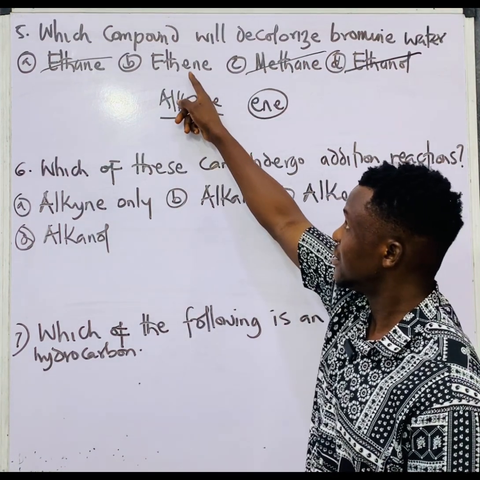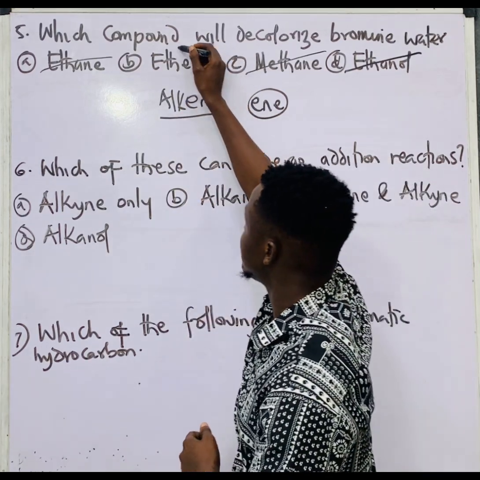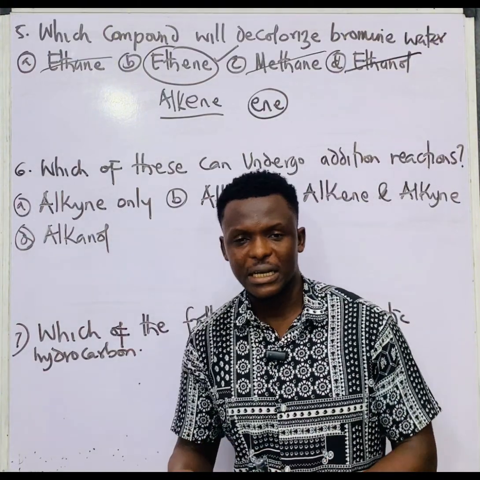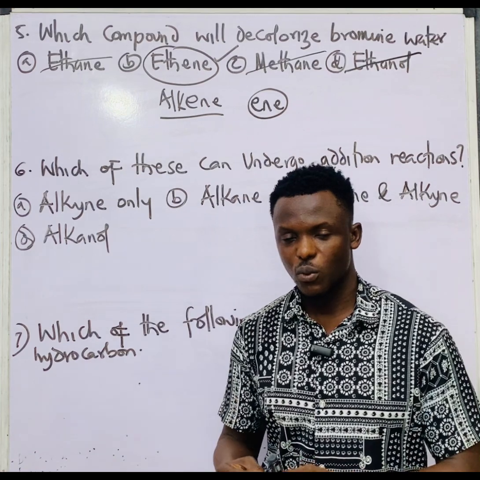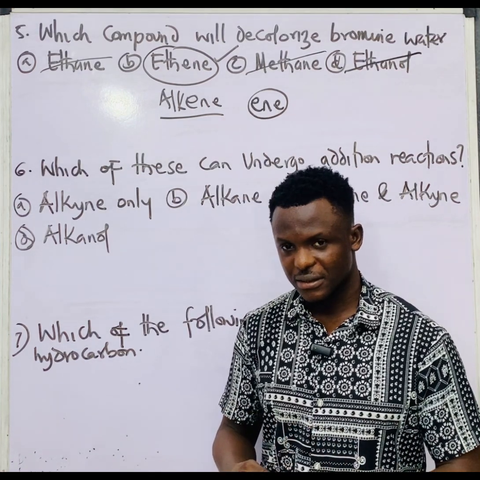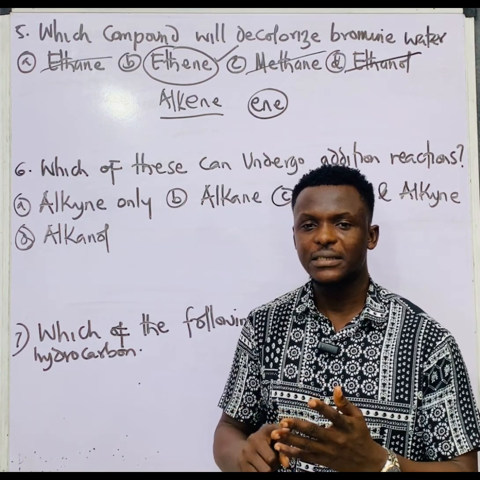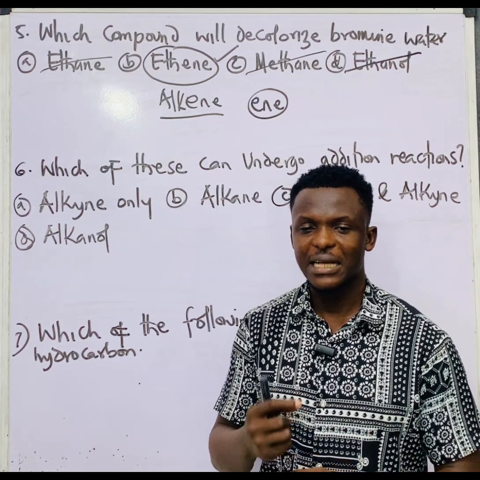And if you look at this, it is a double bonded compound, ethene. So this ethene is what is going to decolorize bromine water. Remember, bromine water is reddish brown. So when ethene comes in contact with bromine water, it decolorizes it. So in case you're being asked, which of the compounds, alkanes, alkenes, alkanols, decolorizes bromine water? The answer is alkenes.